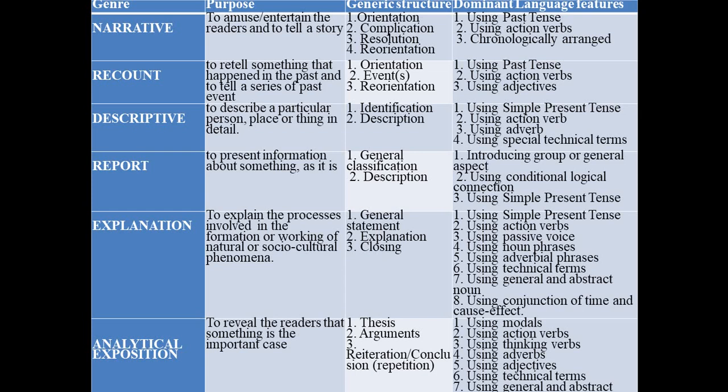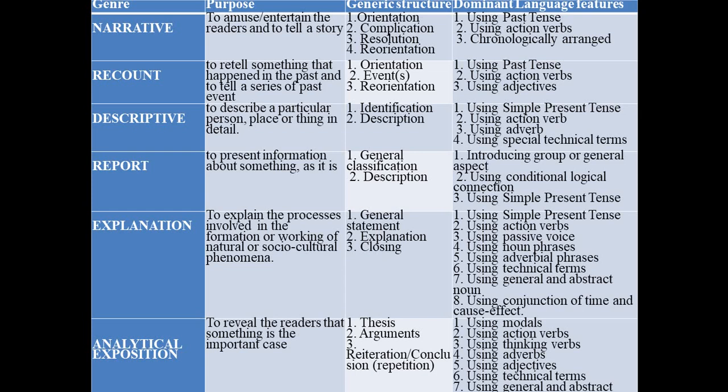In generic structure, you can find orientation, events, and reorientation. And in dominant language features, you can see past tense, action verbs, and using adjectives. So these kinds of things can be found in the recount genre.